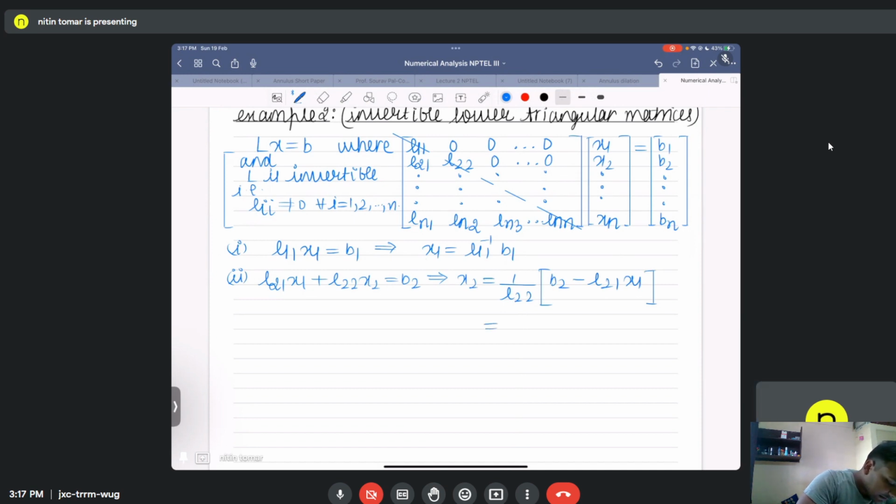Now see, you know everything here, right? L22 is a fixed number because L is given. B2 is again a fixed number. The only variable is x1, but from the first step we already have the value of x1, right?